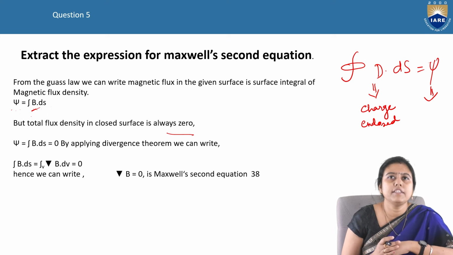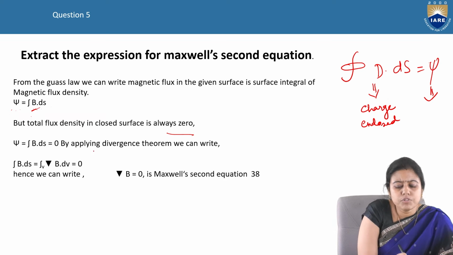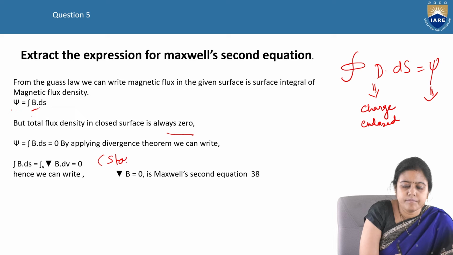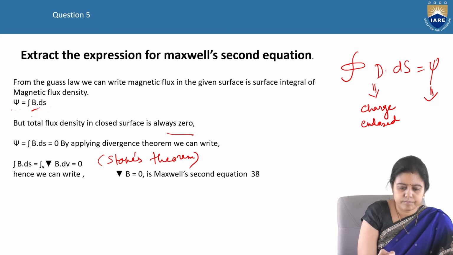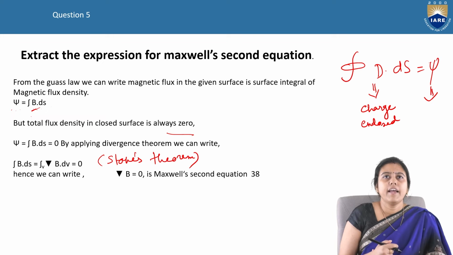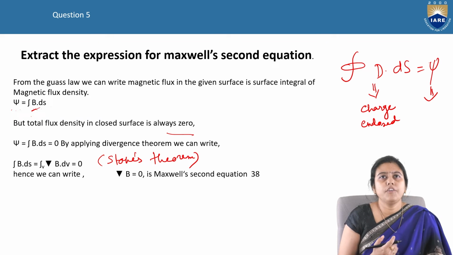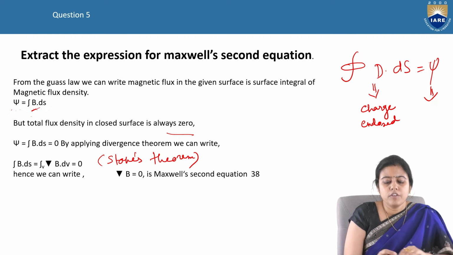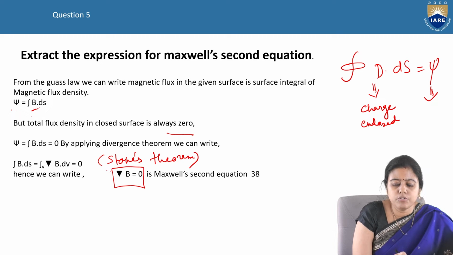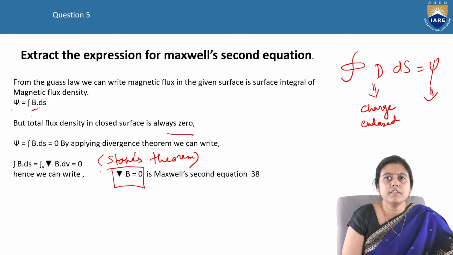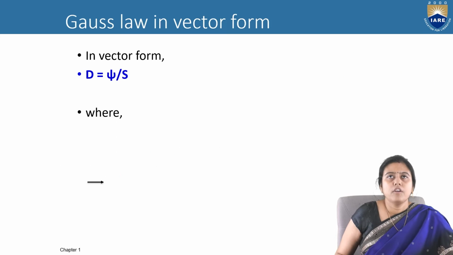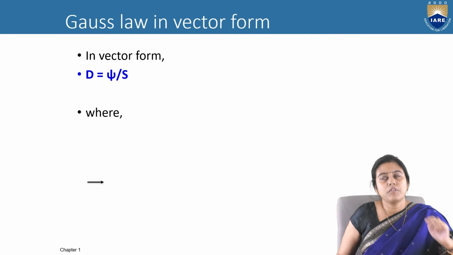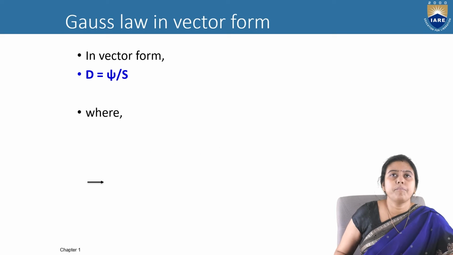Now using the divergence theorem, we can write the integral of div B dv is equal to 0. So div B equal to 0 is Maxwell's second equation.